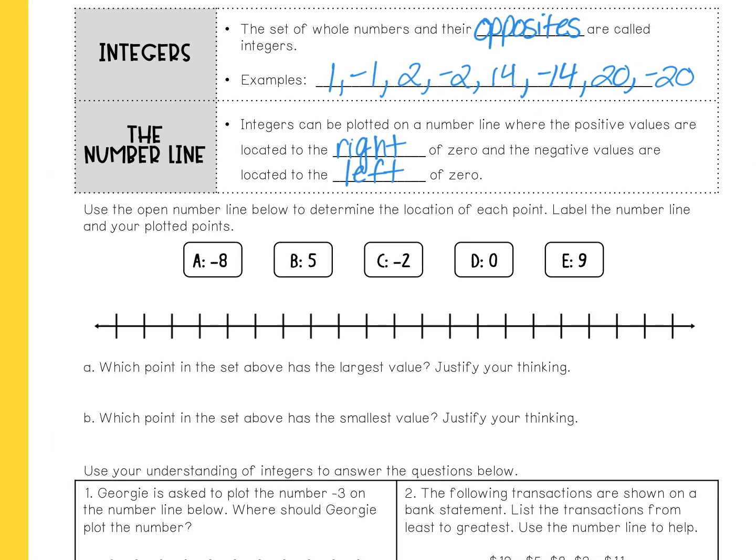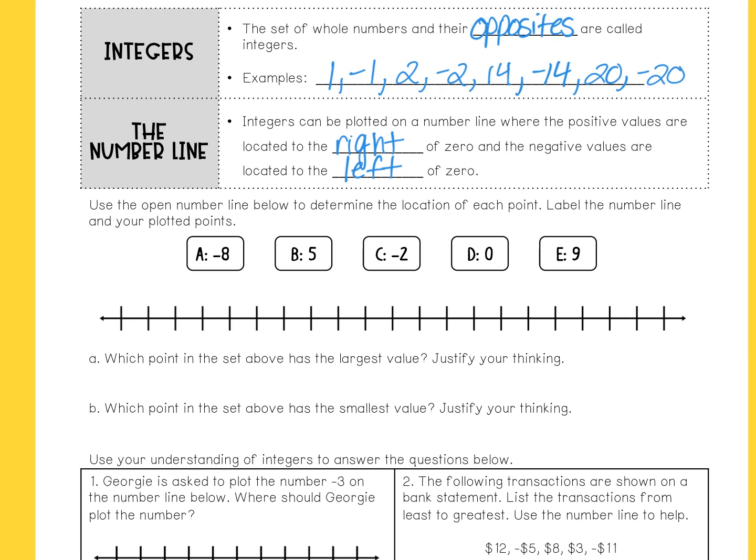Okay, so when looking at this number line here, I'm going to start right in the middle with a 0. All of my positive numbers are to the right of 0, so I'm just going to start with 1, 2, 3, 4, 5, 6, 7, 8, 9, and 10.